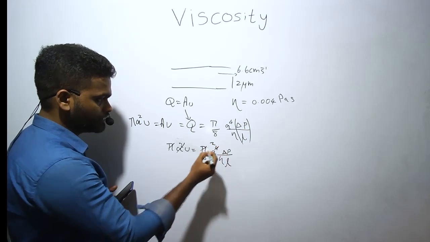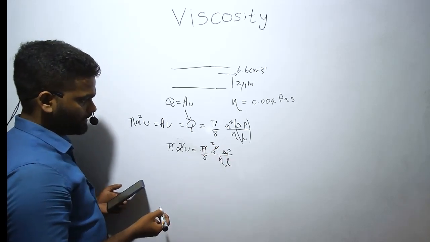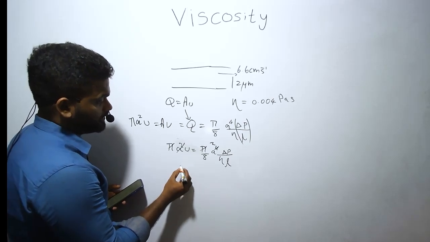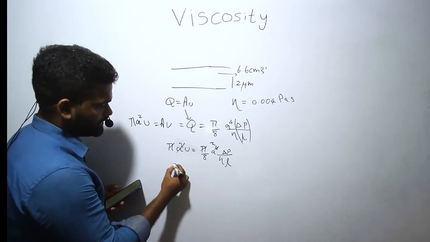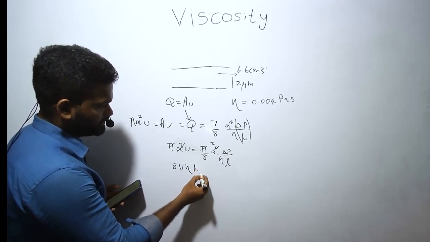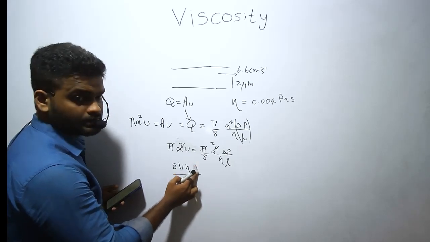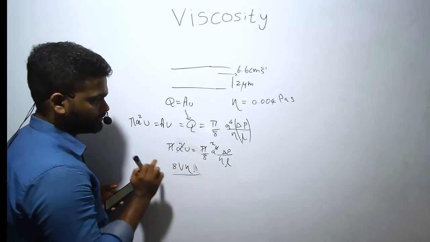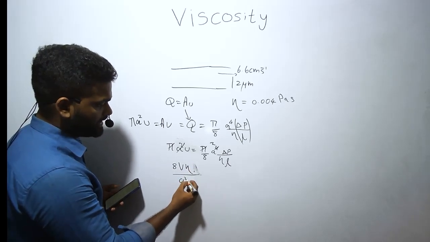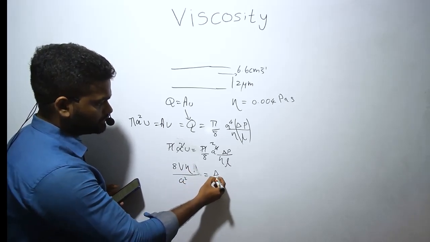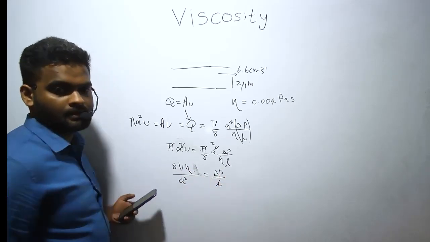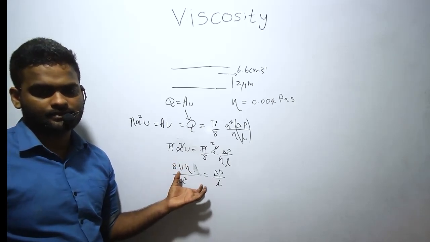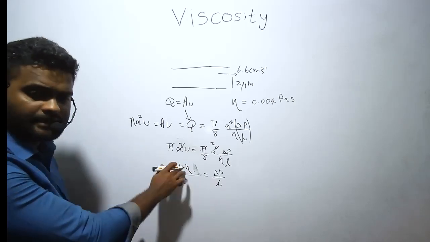This becomes squared. Velocity is given, right? Then cross multiply 8v eta L. You don't get L here. 8v eta divided by a squared is equal to delta P divided by L. First, you have to build this equation to find this.